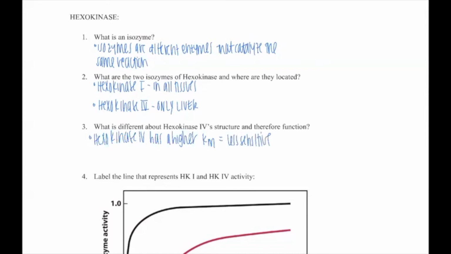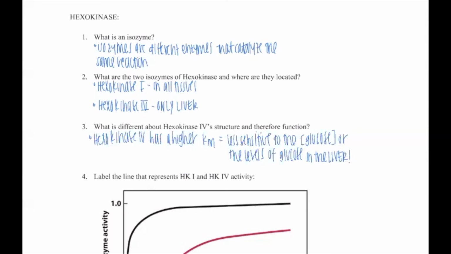sensitive to the concentration of glucose or the levels of glucose, right? These are synonymous with each other, and the glucose concentration or the levels of glucose in the liver, right?